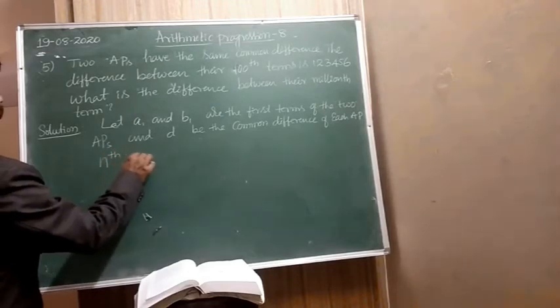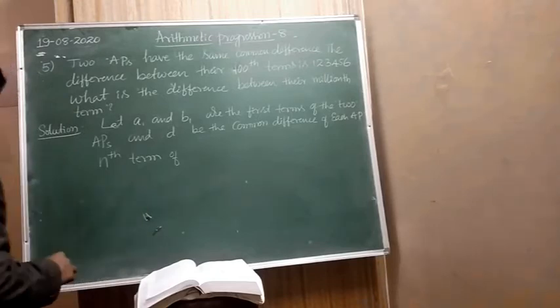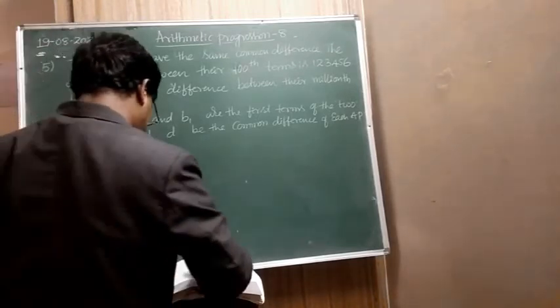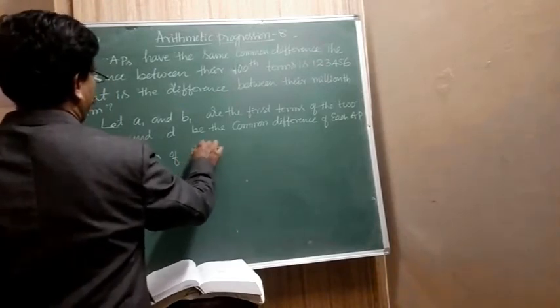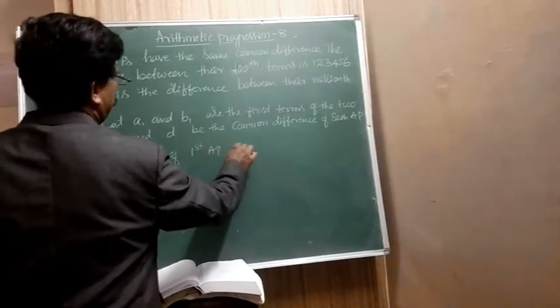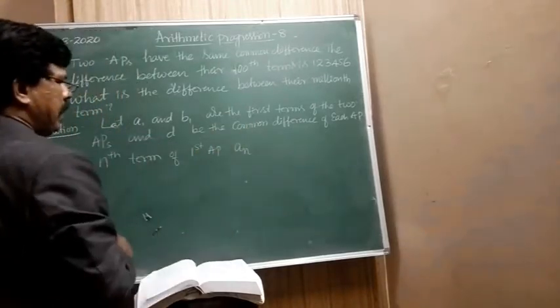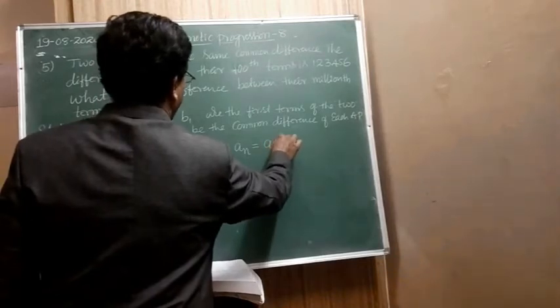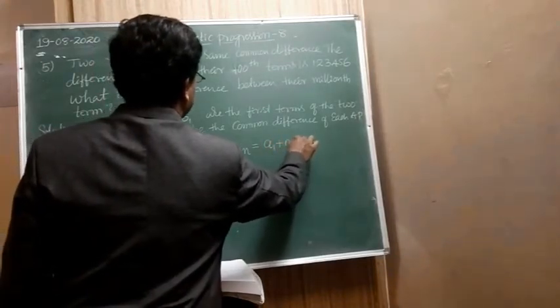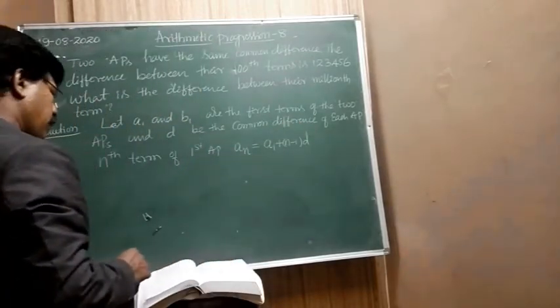Nth term of the first AP, that you can represent: an is equal to a1 plus (n minus 1) into d. Okay.